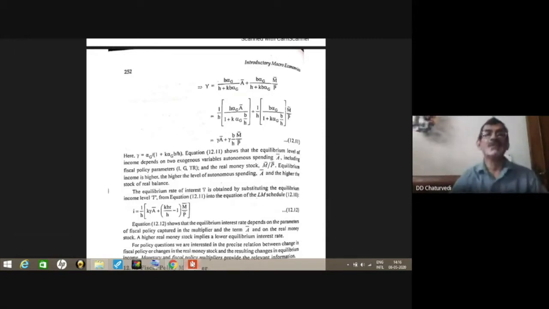Now this is the value of Y, and we can substitute the value of Y to get the new equation 12.12, and this is I is equal to 1 upon H within bracket K gamma A bar plus K B gamma divided by H minus 1 M bar divided by P bar.